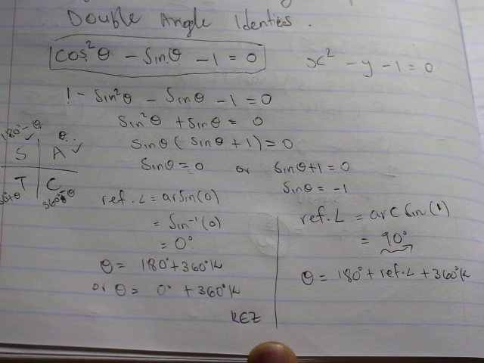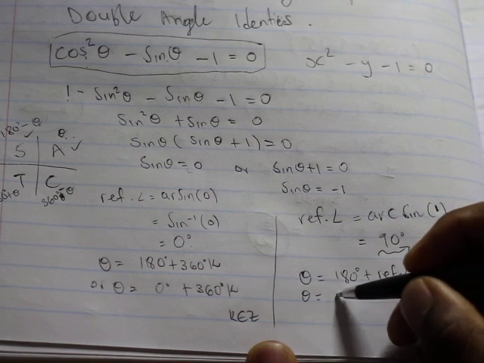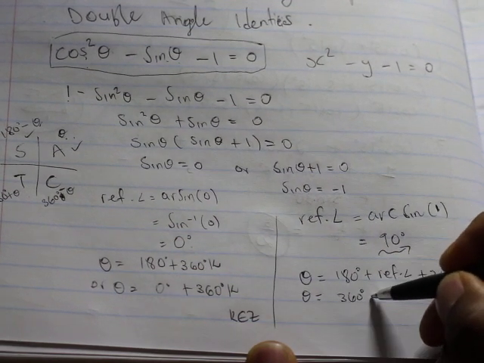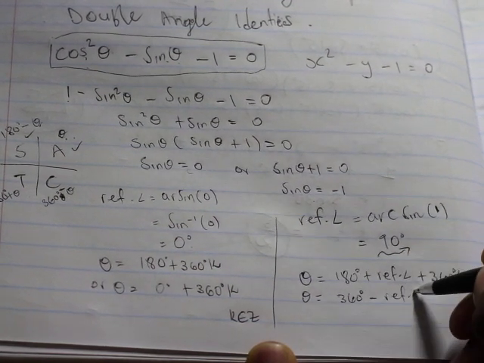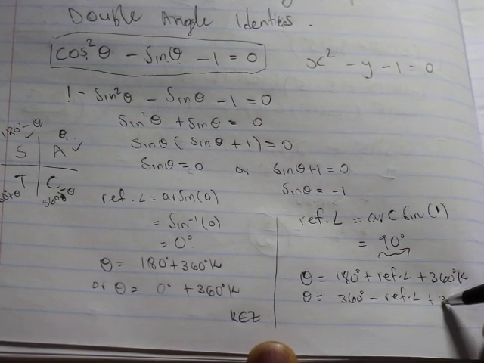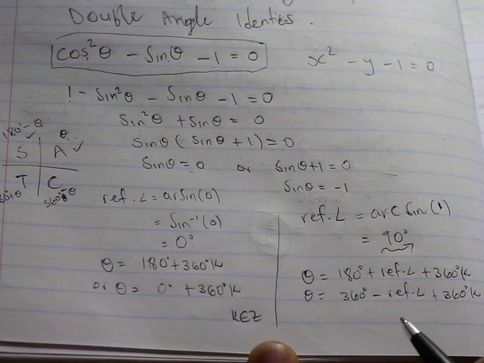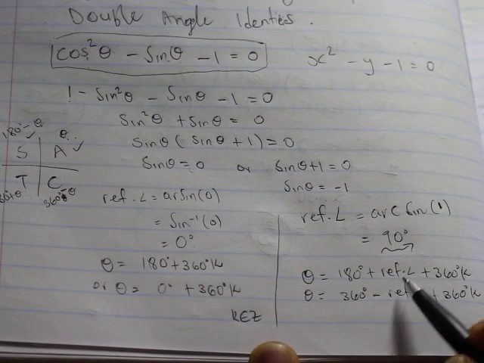Also theta is equal to 360 degrees minus the reference angle, which is what we just found, plus 360 degrees k. Then we substitute our reference angle.